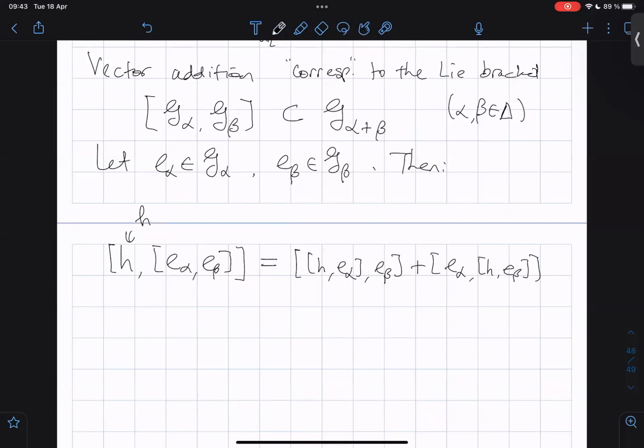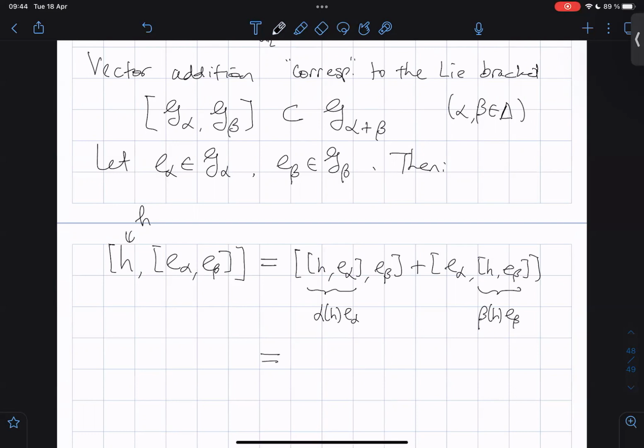Okay, but now is where we use the eigenspace property, the root space property. So this guy is alpha of H times E alpha, and similarly, this is beta of H E beta.